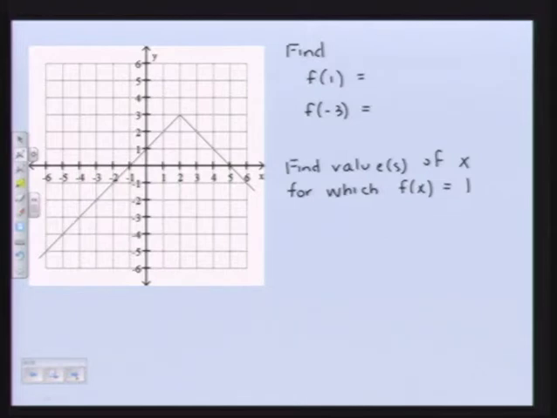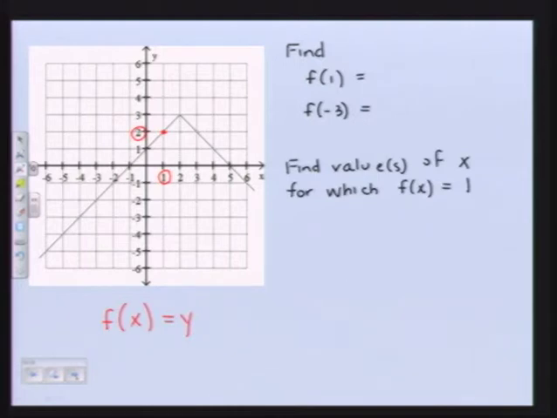All right, so let's see what we have. If we want to find f of 1, let's go to our graph. Remember, we're always comparing it to f of x equals y. So in the first case, we're given the x values. Where x is 1, that's right here. The point on the graph that matches up to that corresponds to a y value of 2.